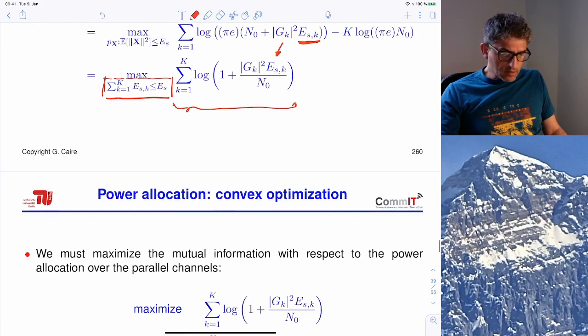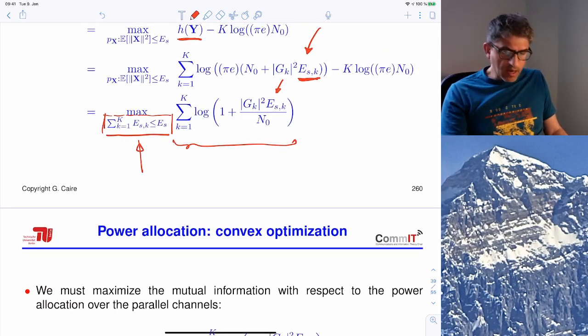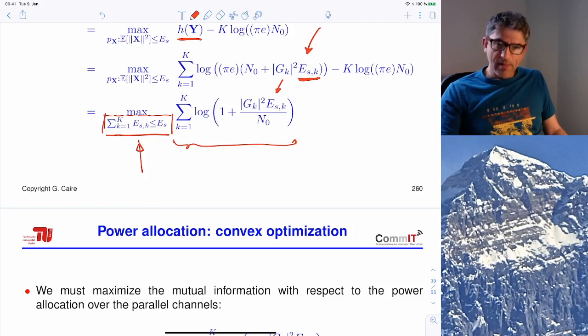So this maximization is a typical example of convex optimization. Why is that? Because the constraint set is convex: the energies E_sk are non-negative, and the sum must be less or equal than some total E_s. This is a convex set.